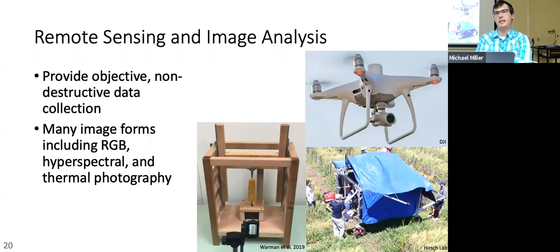RGB imaging is just like a camera that would be on your phone, or that you take normal pictures with. Hyperspectral is looking at wavelengths outside of what the human eye can see, and thermography would be used for something like respiration in a field. But of these, RGB is definitely what people would be most familiar with and what's easiest to get, so great if we can just use that for getting scientific data.